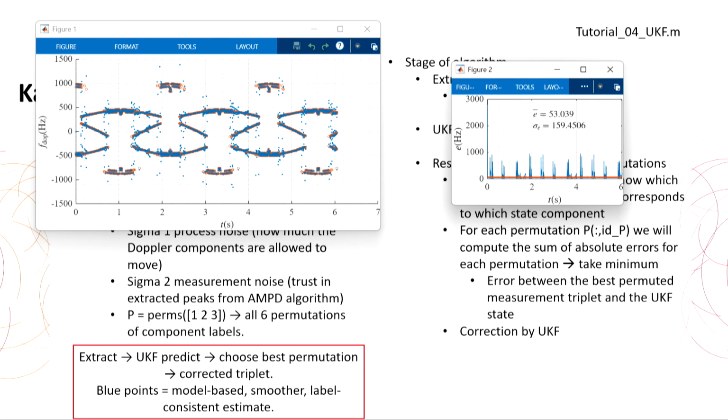Please again, you can switch mass from 0 to 1, and then you will load real data or simulation data. So again, please try to change sigma 1 and sigma 2. It depends on whether you believe more in measurement or prediction.